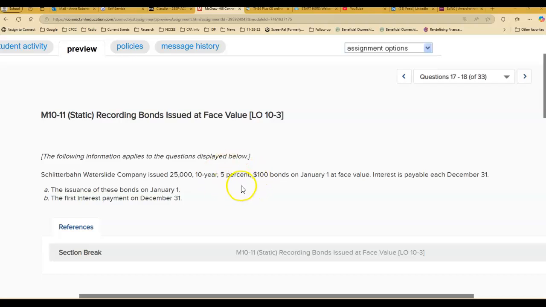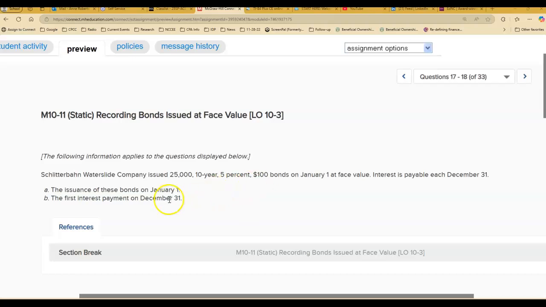So it's the stated rate times the stated value, face value of the bond. So in this particular case, how much are we paying in cash on each of the interest dates per bond? $5 per bond. That does not change. So if nothing else sticks, that's the one thing that needs to stick.